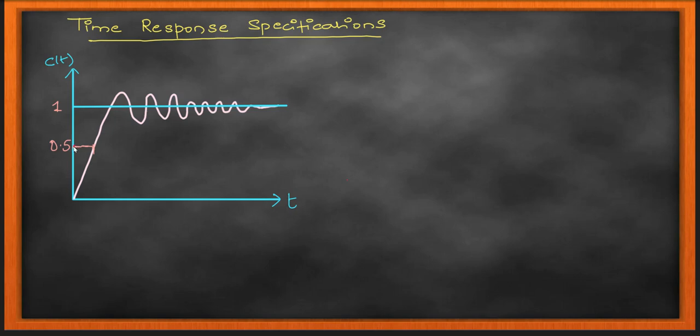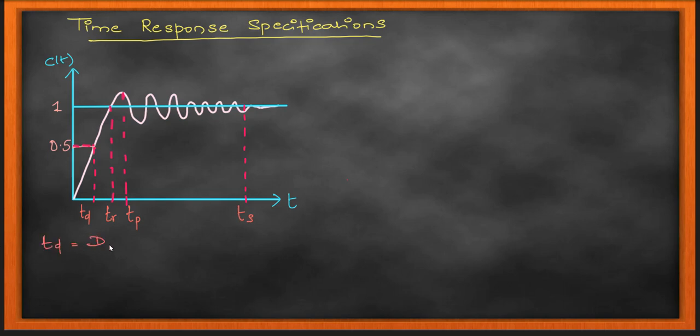So we have seen the undamped system is sinusoidal. Critical damping is a linear plus constant, and then you have your underdamped system, whose graph is shown here. And finally we just saw the overdamped system, and I told you it's going to be linear plus exponential. We are not interested in the other three, we are only interested in the underdamped system's time response graph, and that is what we have here.